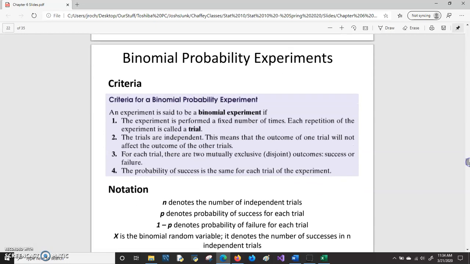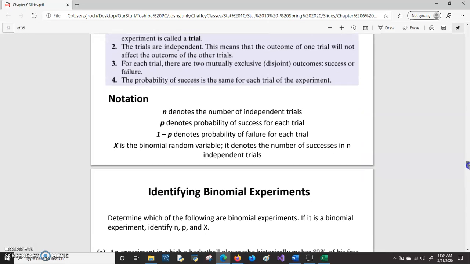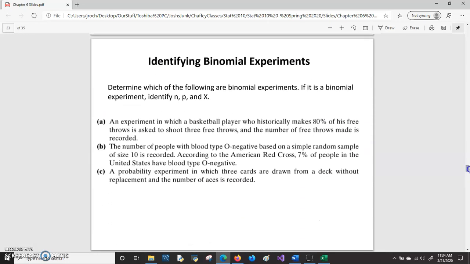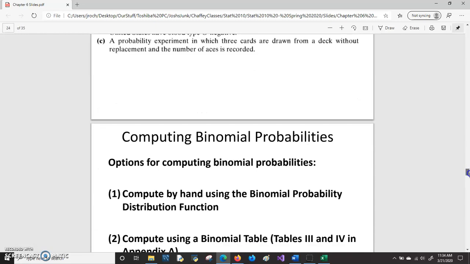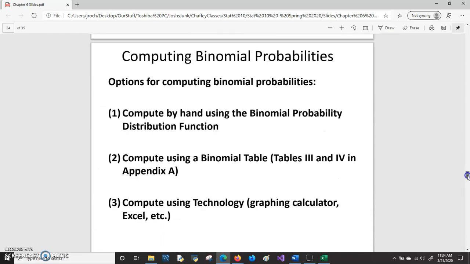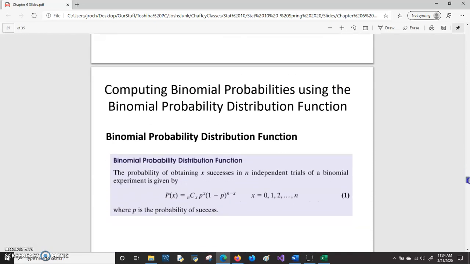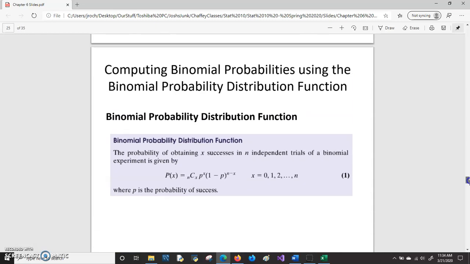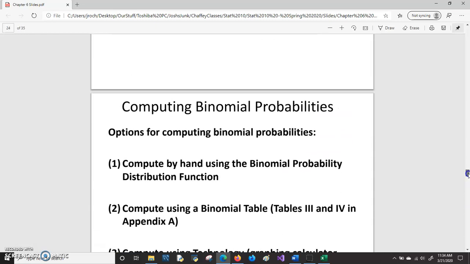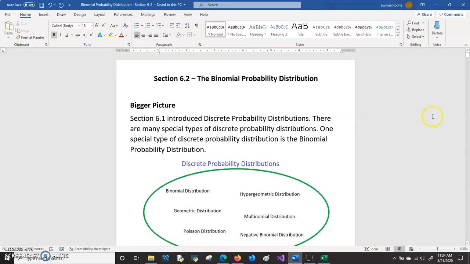It talks more in detail about what's a binomial experiment and has some practice exercises. It also has more details on steps you take in these kinds of problems. I'm going to go over a particular example, and I'll post this on our course site as well.